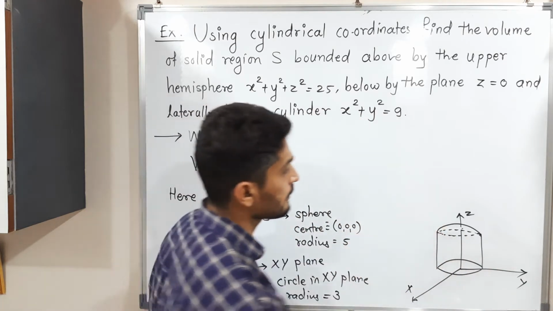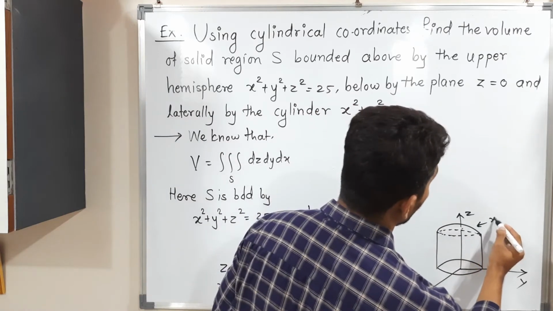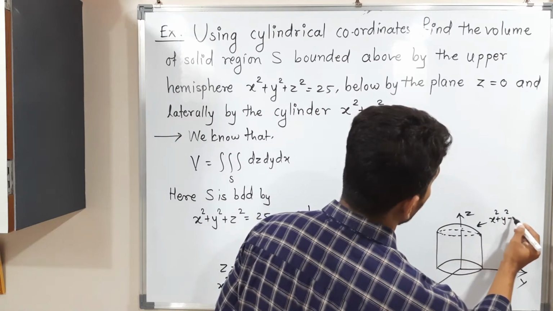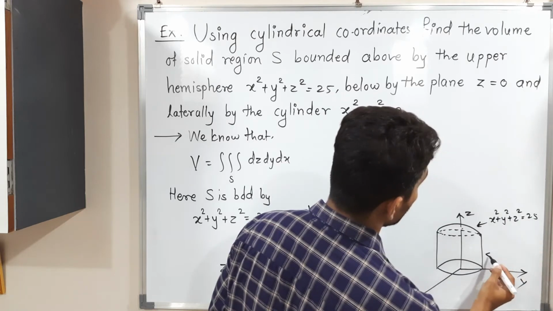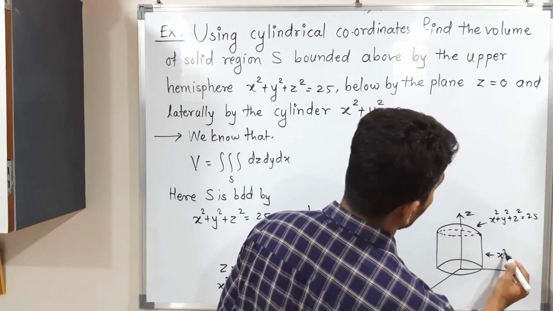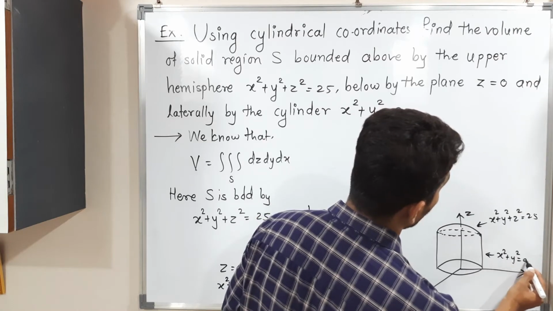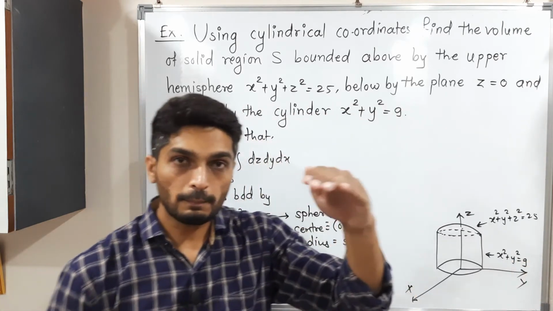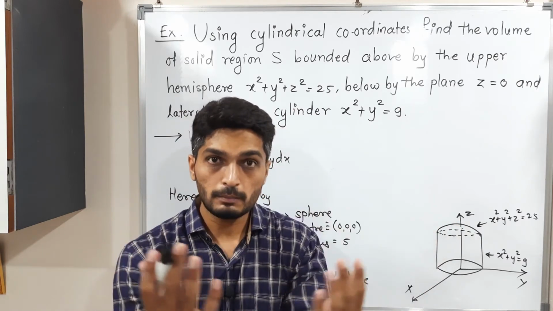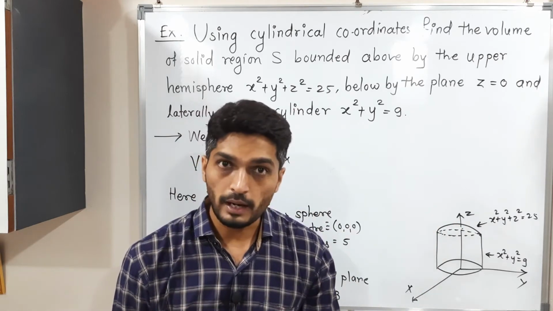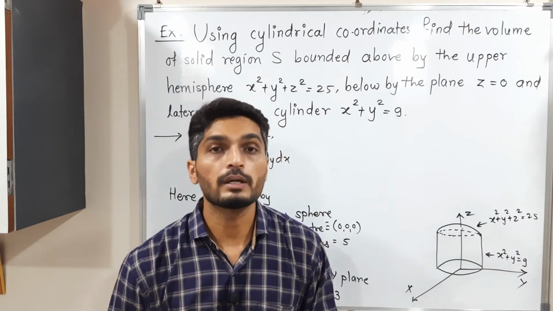This is a part of the hemisphere, x square plus y square plus z square is equal to 25. This is the cylinder, x square plus y square is equal to 9. So the upper part of that region is bounded by the hemisphere, laterally by the cylinder and below by the xy plane. So this is the thing we have.